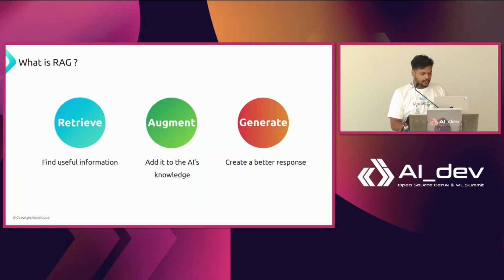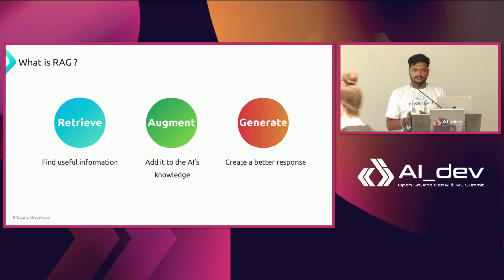Yeah. So let's start with a thing which you might have heard a lot today during the entire event, RAG, right? What is RAG? RAG is retrieve, augment, and generate. It is built on these three pillars. Retrieve means finding the useful information.